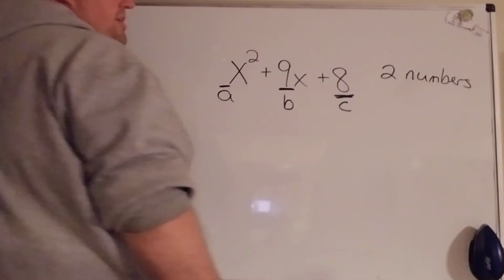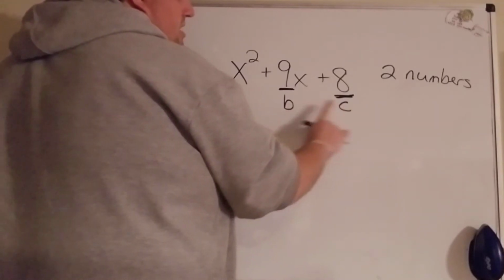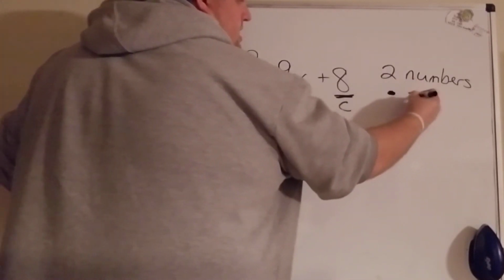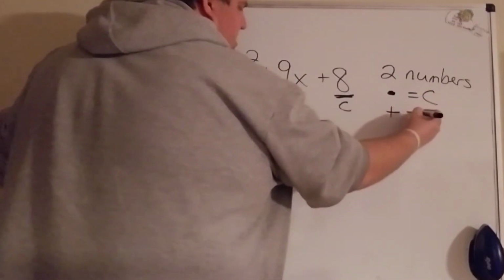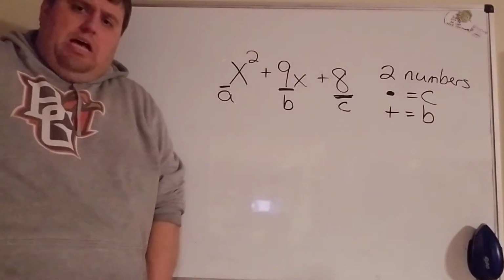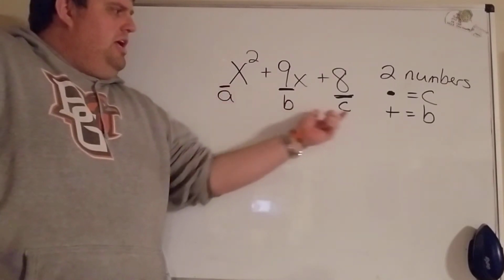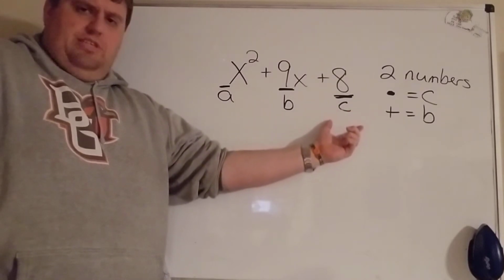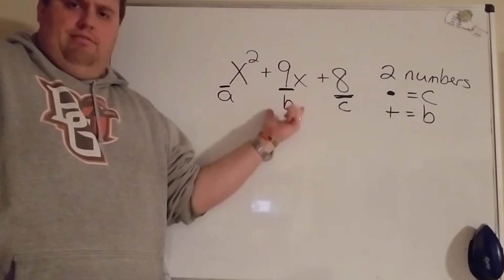These two numbers are going to be important with B and C. We need them to multiply to equal C, and we need them to add to get you B. So every time we're doing trinomial factoring, we look at these three terms and ask what numbers multiply to get you 8 in this case, but add to get you 9.